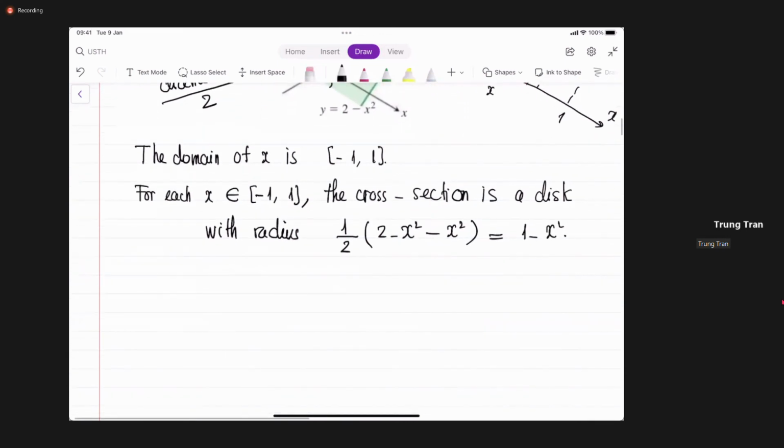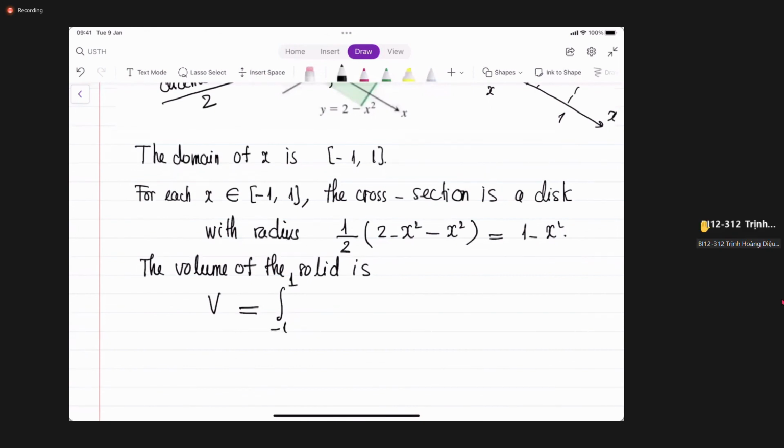Now we put together to get the volume of the solid V. The volume is the integral from -1 to 1.